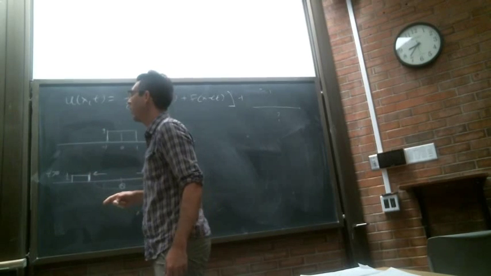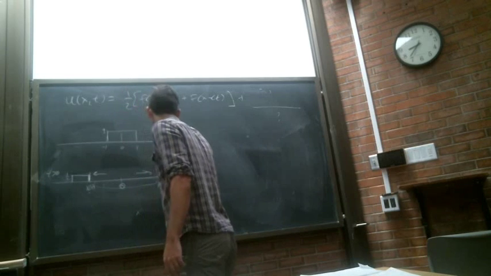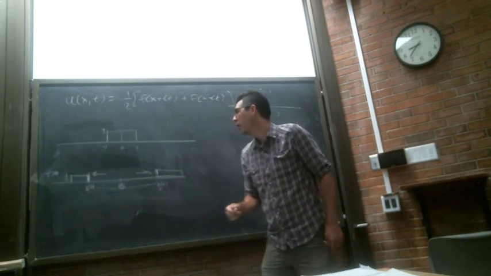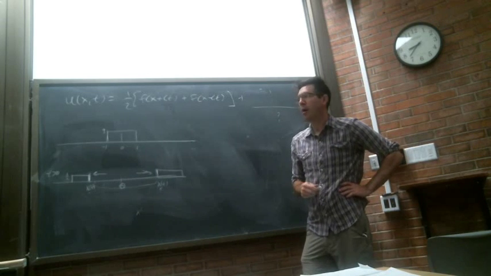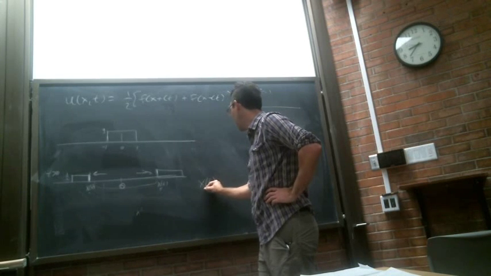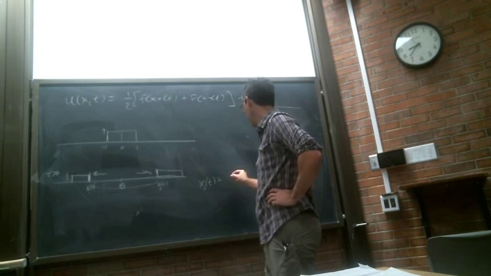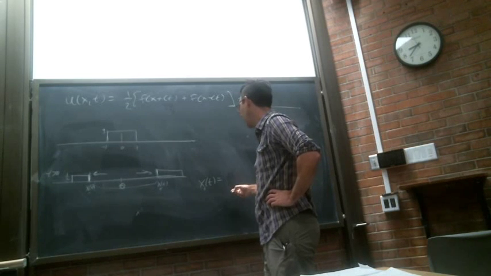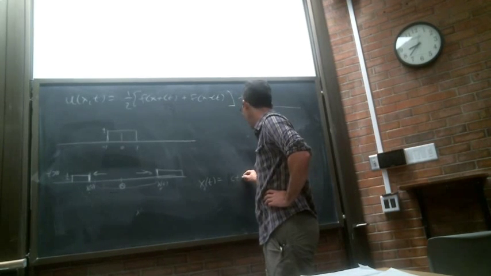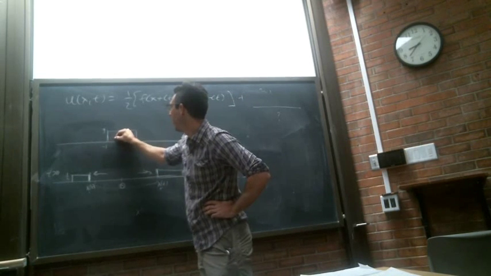So where are the trailing edges of these functions? I want to know what this point x of t is. I'm going to call that x minus of t, and this is x plus of t. What are those trailing edges of that wavefront? x plus of t has to be a function of time, so there's going to be a ct minus 1, because we start at minus 1 at time 0 and it's going this way.